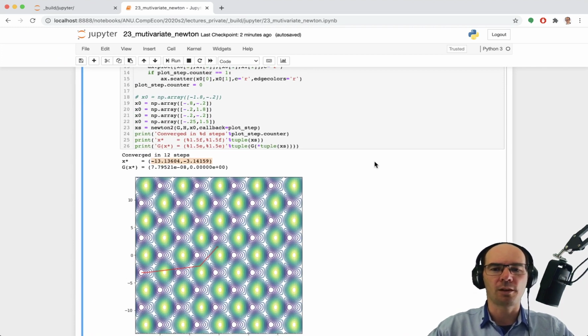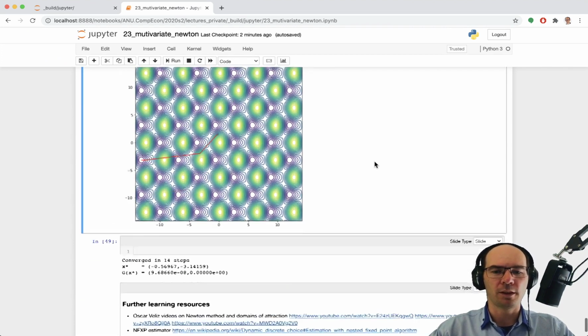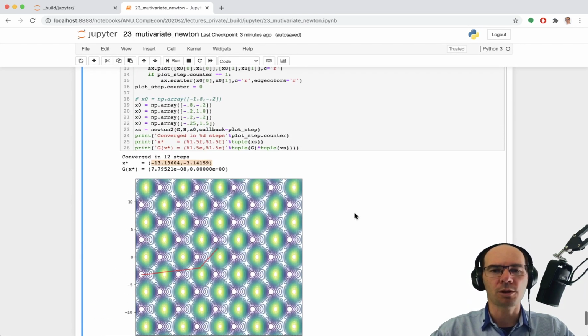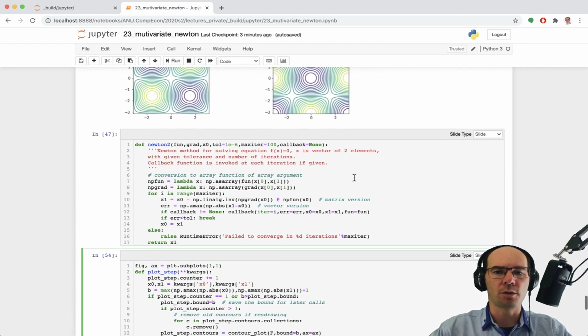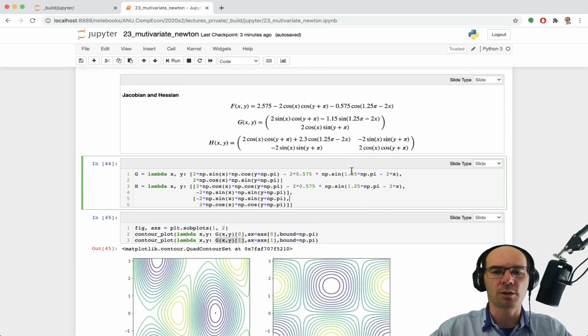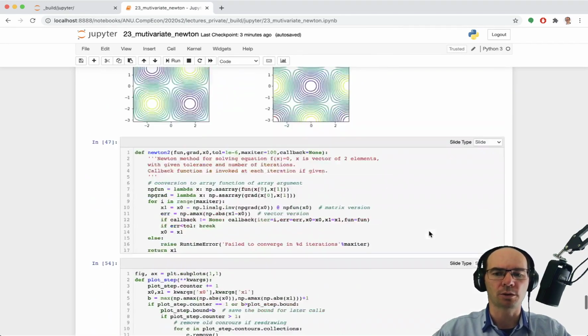But even with this sort of silly example, you can see how the two-dimensional Newton method is able to find the flat spot of the egg carton and solve the first order conditions quite efficiently in a relatively small number of iterations. And another thing to note is, this is not a very simple problem just in terms of writing down the derivatives and second derivatives of the function that we're interested in.